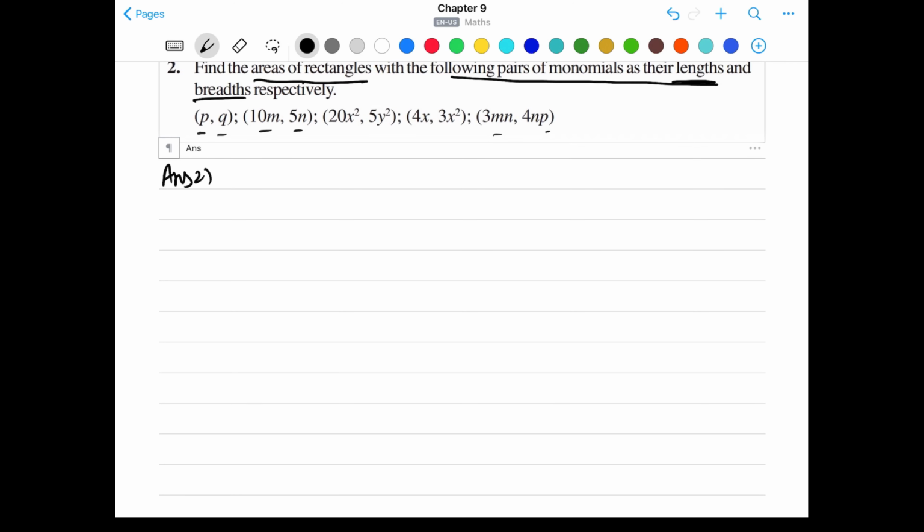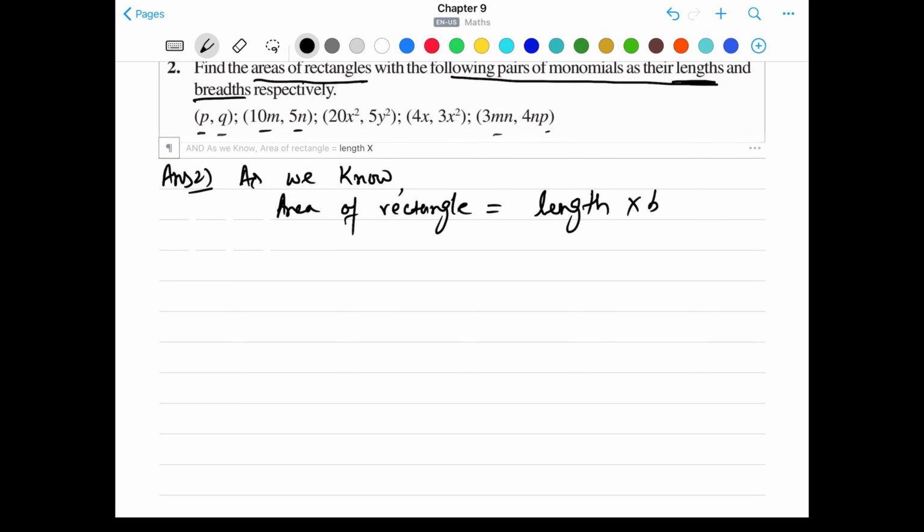Number 2, first we'll write, as we know, the area of rectangle is equal to length into breadth.